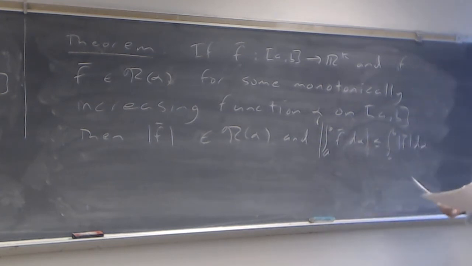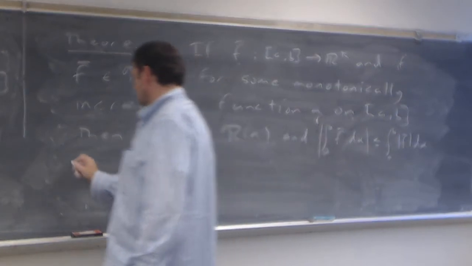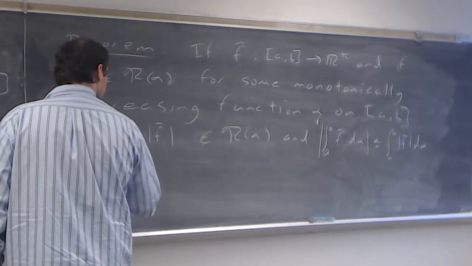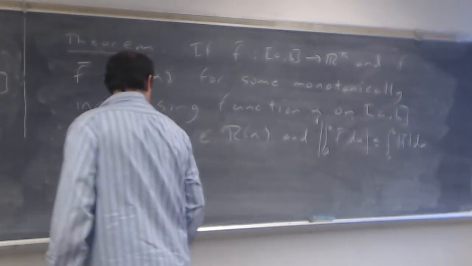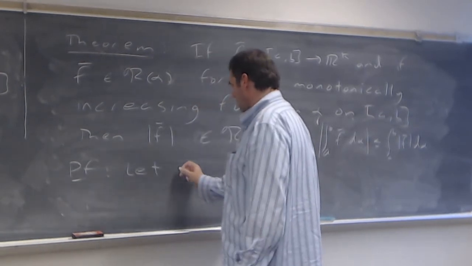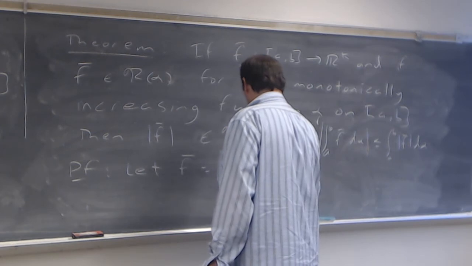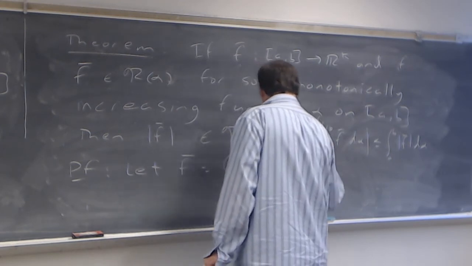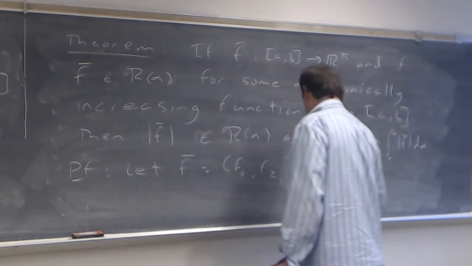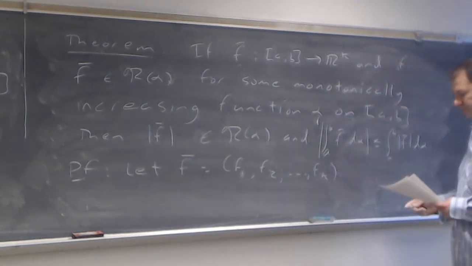Okay, so we want to prove this. We're going to start off by getting some notation down. We're going to let F bar be equal to F sub 1, F sub 2, all the way up to F sub k, the component functions.